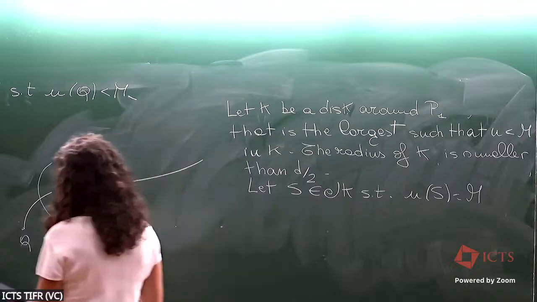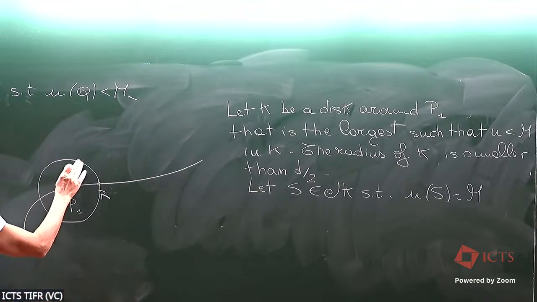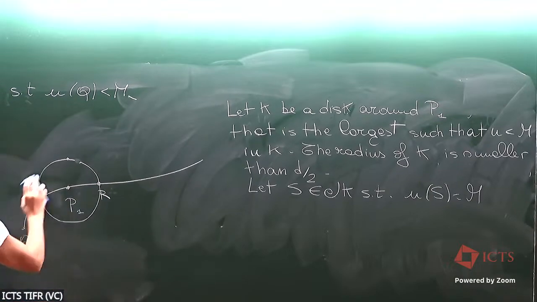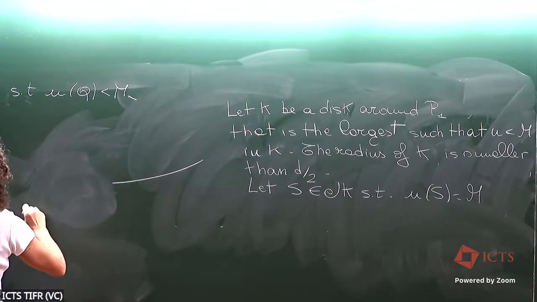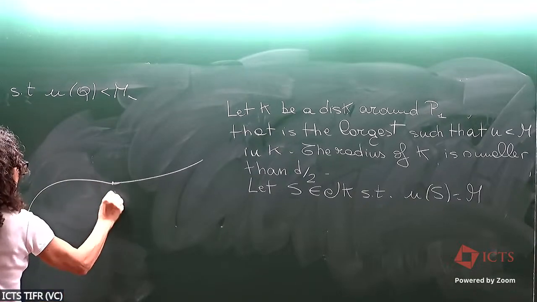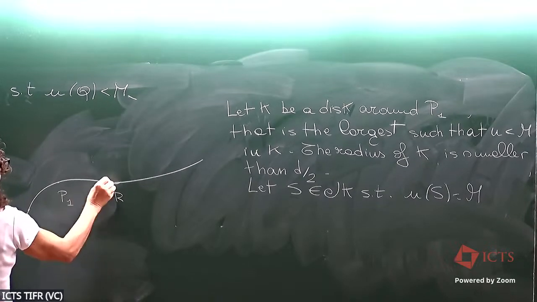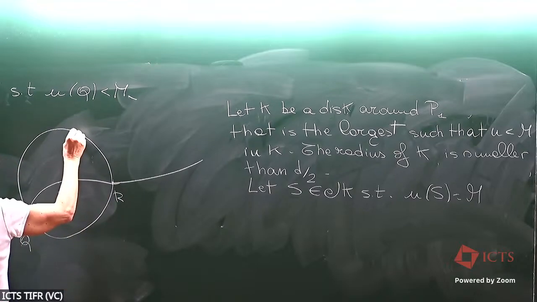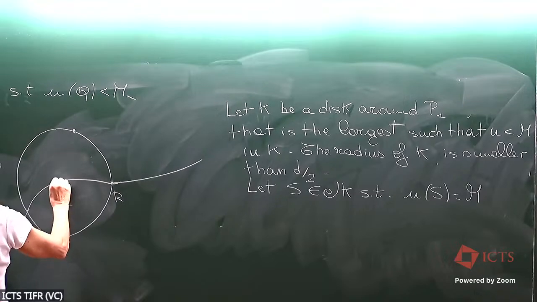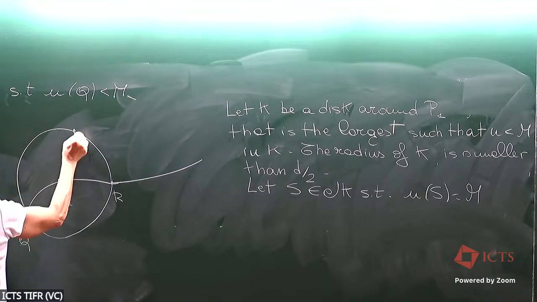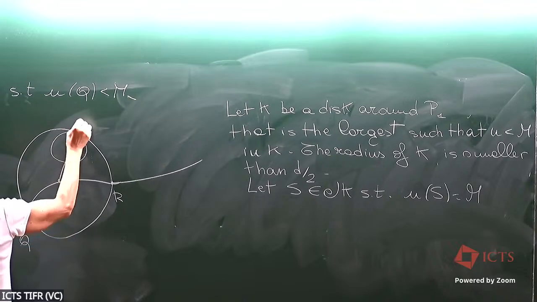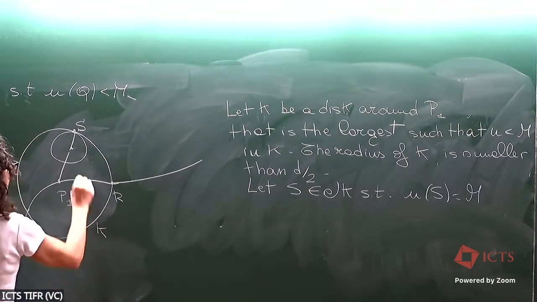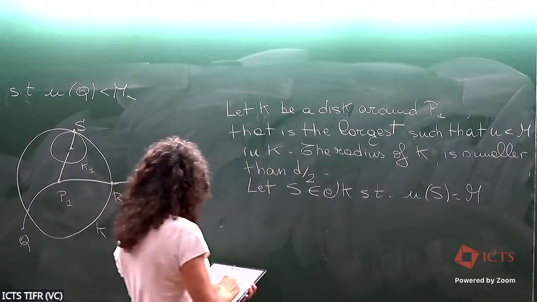Now we are going to construct another disk. Let me take S here. Maybe I should do it bigger. So this is R, this is P1, this is the big disk K, this is S, and I'm going to construct here another ball. This is S. I call it K1. So who is K1?